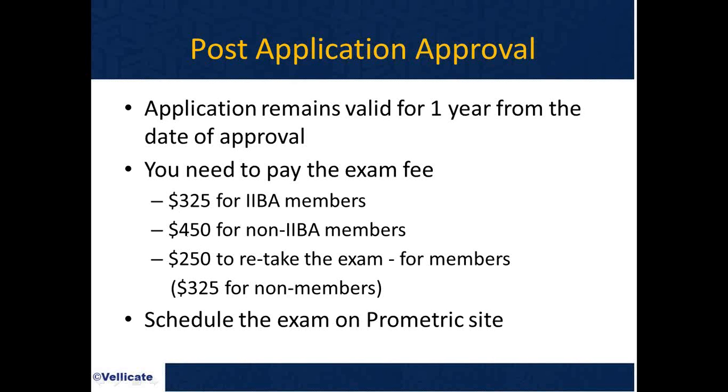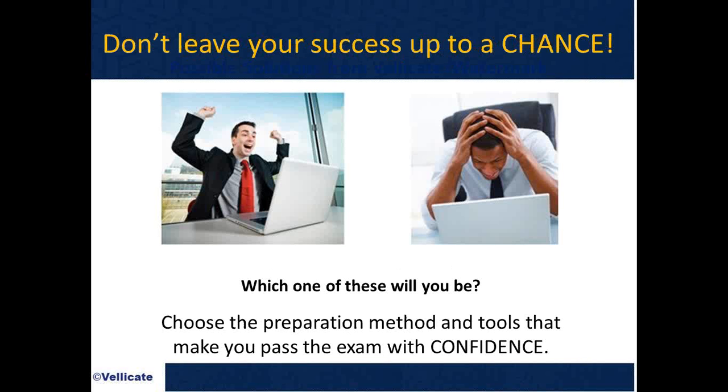And if someone fails to pass, then they will have to pay $250 for retaking the exam if they are members, and $325 for non-members. Okay. So the exam has to be scheduled on the Prometric site, and you need to go to the Prometric center and take that exam, and finally come out with success.